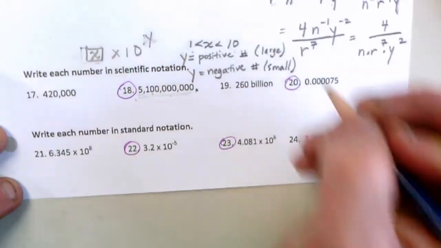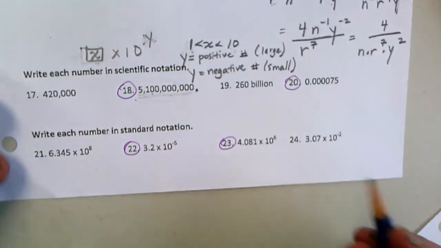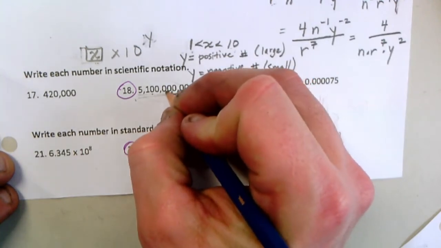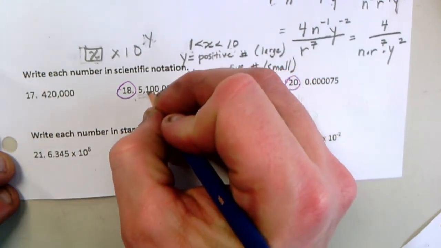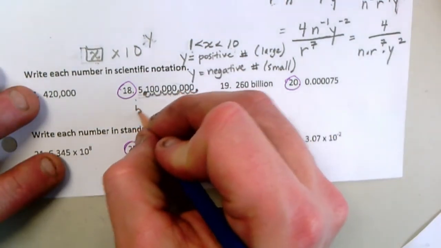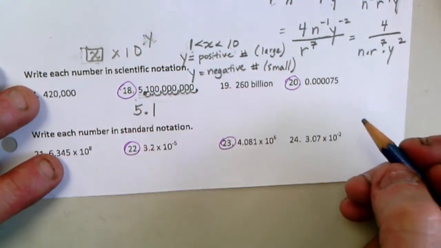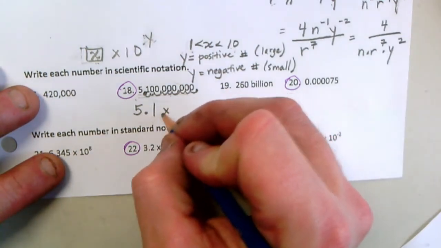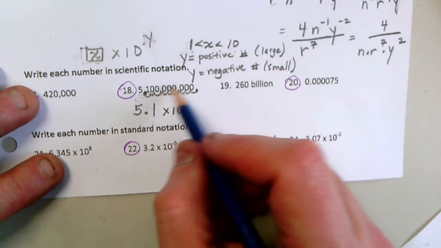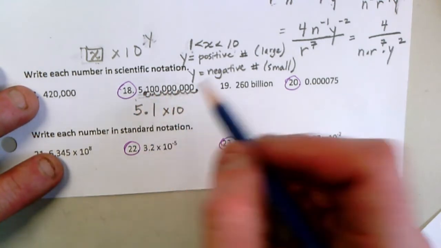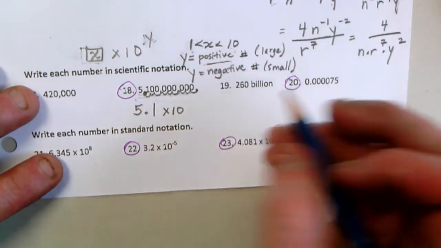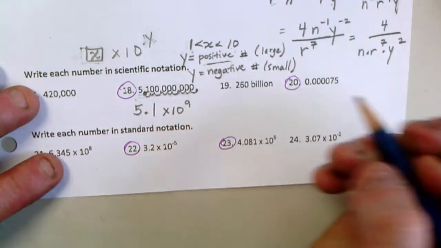I moved it 9 places. So the number between 1 and 10 is 5.1, multiplied by 10. Because it's a big number, it's going to be a positive exponent, so a positive 9.